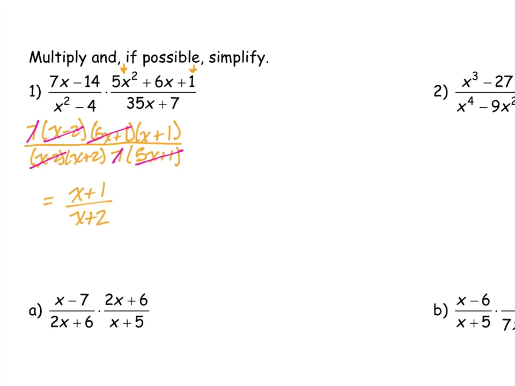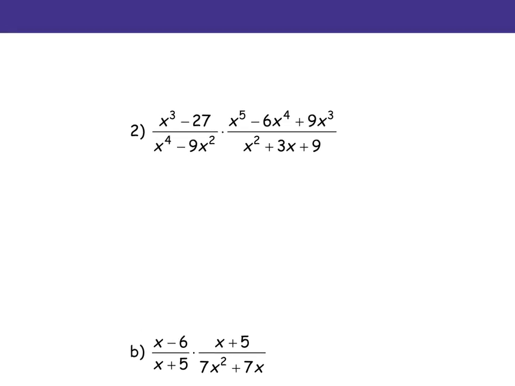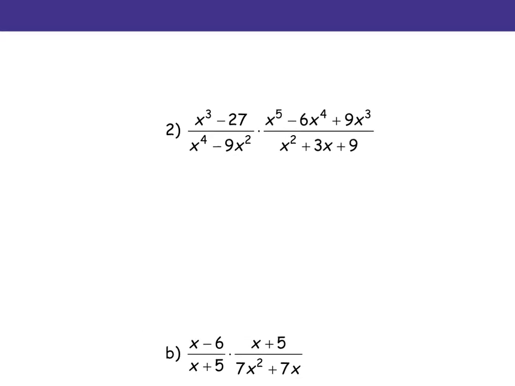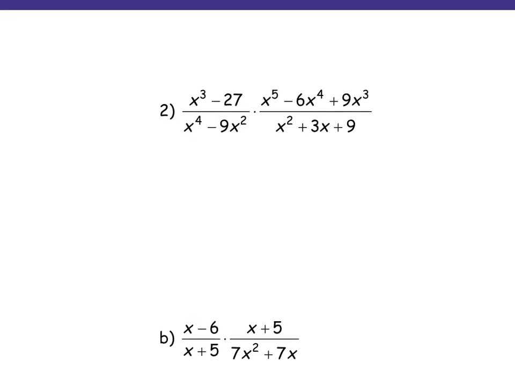Okay, we're going to do the same thing on the next one. The next one's a little bit harder because it's been a while since we've factored cubes. I'm just going to remind you really quick that if I have a cubed minus b cubed, that factors to a minus b times a squared plus a times b plus b squared.